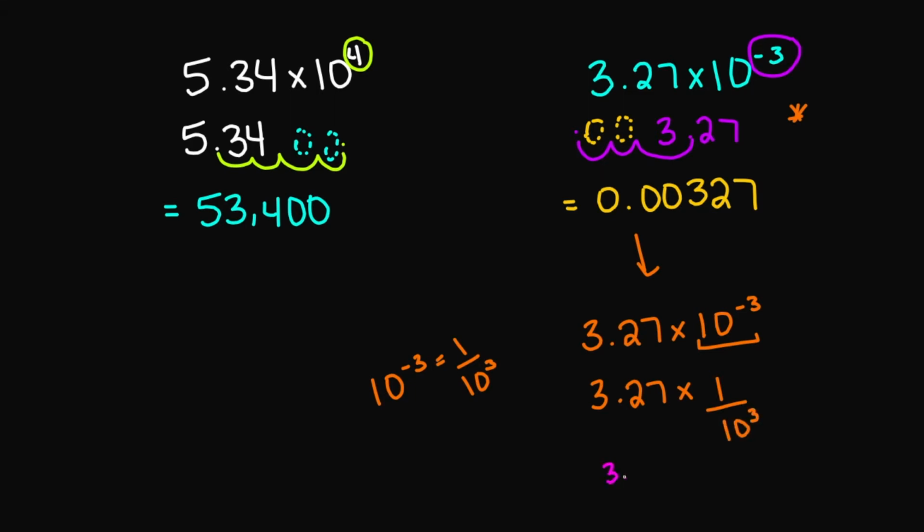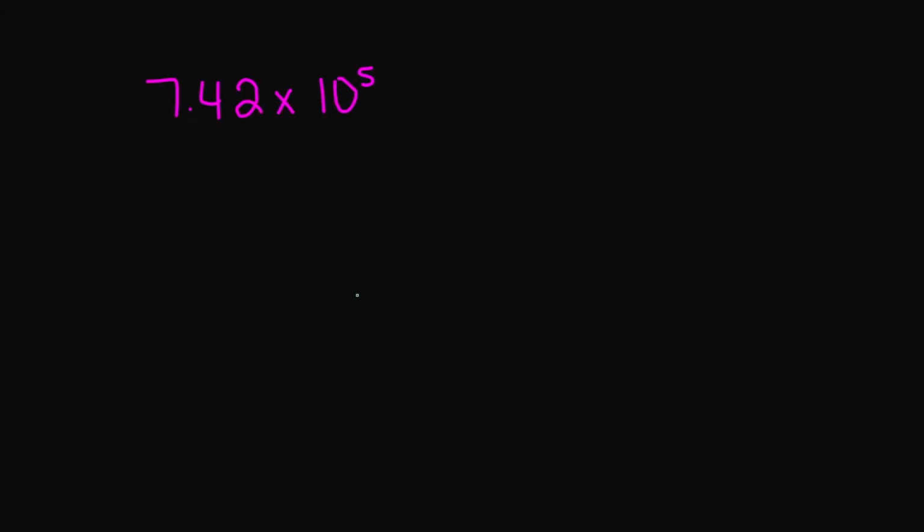And this is going to be 3.27 times 1 over 1,000, because 10 cubed here is 10 times 10 times 10, which is going to give you the 1,000 in your denominator here. And then when you multiply it out, you're going to get 0.00327.